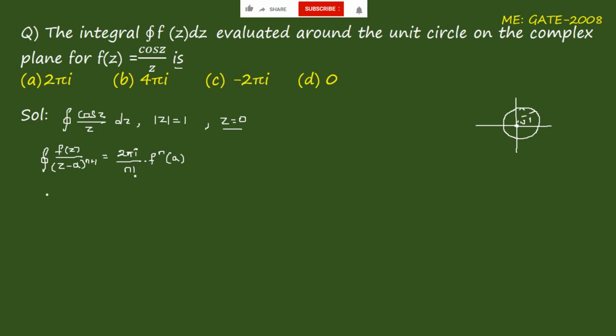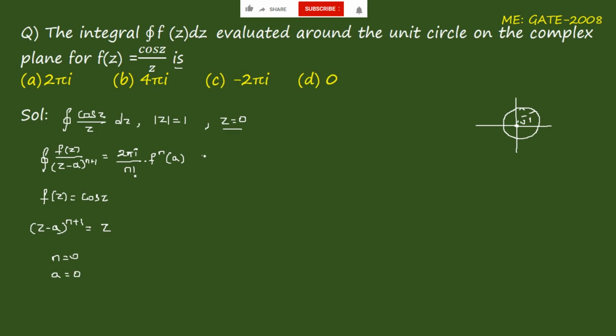Now you can see that f of z is equal to cos z and z minus a whole power n plus 1 is equal to z, right? So we can see that n is equal to 0 and a is equal to 0 only.